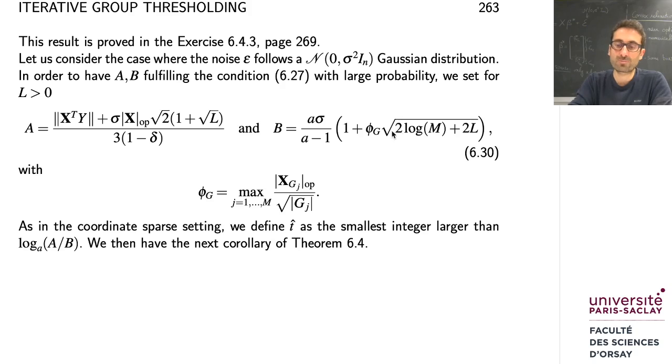So instead of log p, we have log m. This is something smaller, but we have this constant which can possibly be larger than 1.